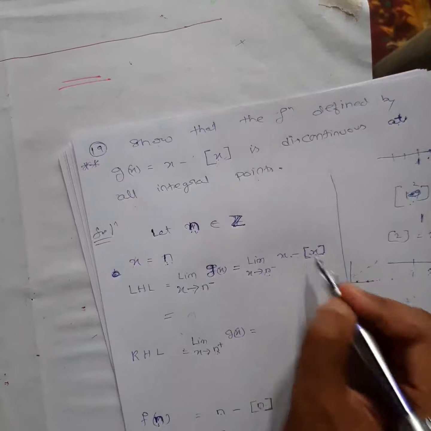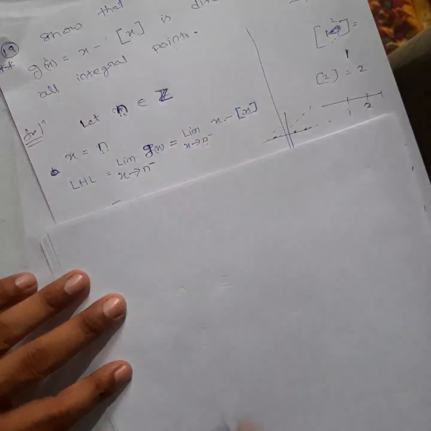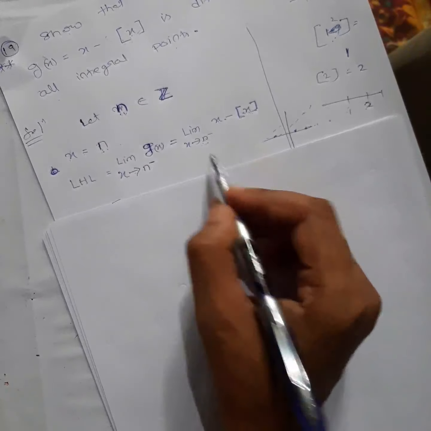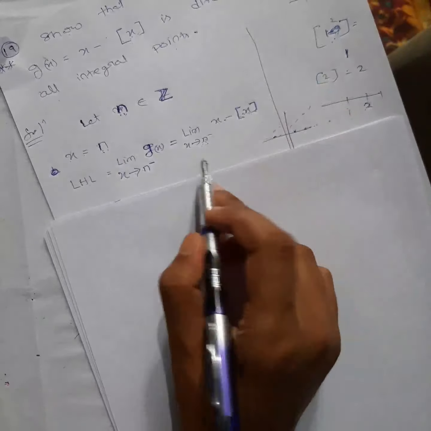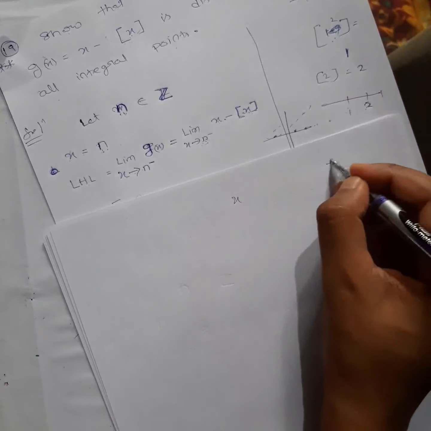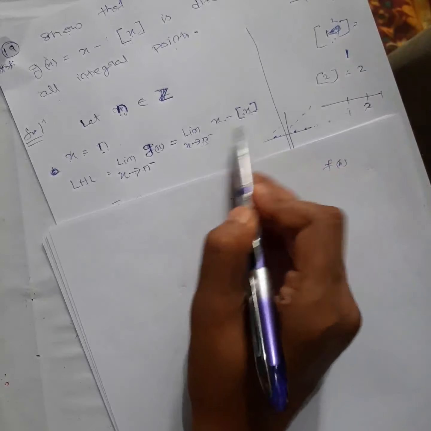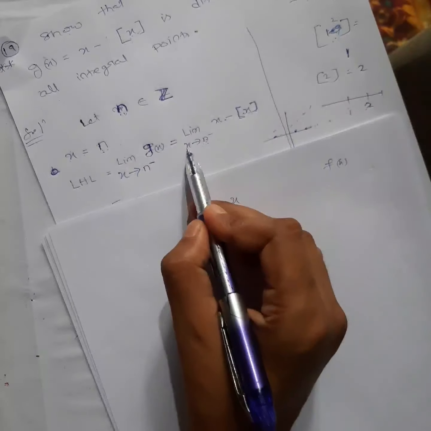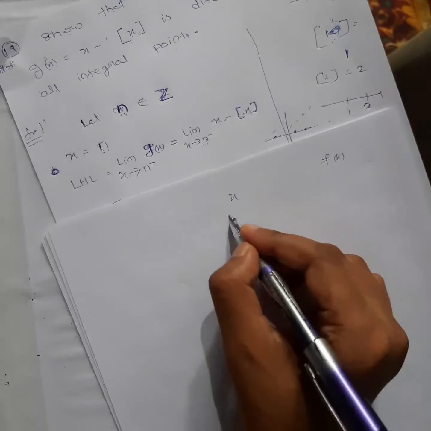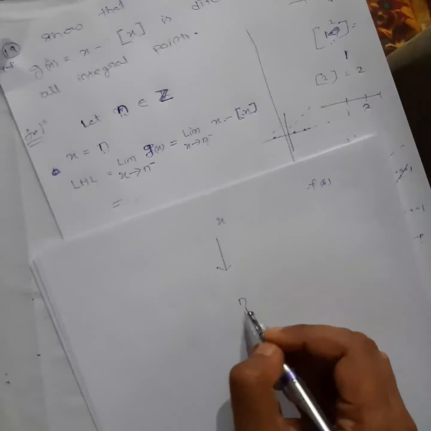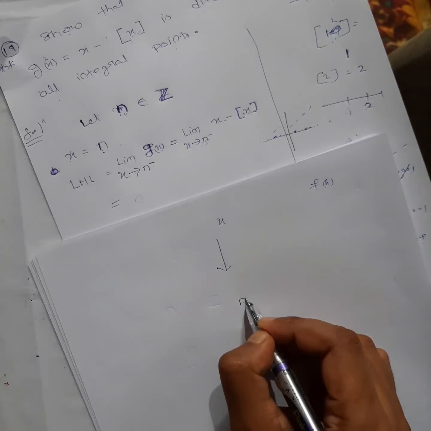So see, I will give you an example for this also. That's why I said simply putting the value will not help you find the answer. So in this case, directly you cannot put n here. See why. Now see, x, what value I will take, and what g(x) tends to, you have to find out. So x tends towards n, and suppose I take, for example, 10.